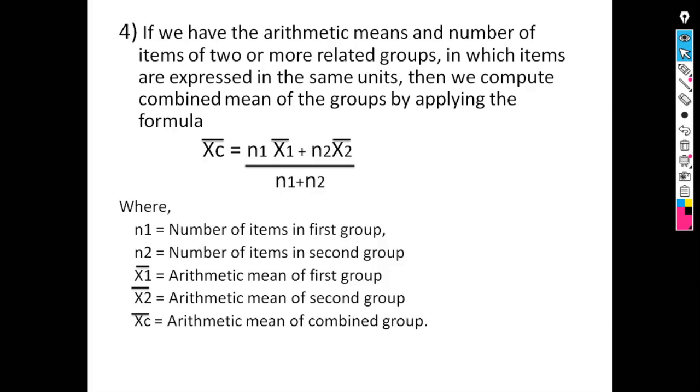If we have the arithmetic means and number of atoms of two or more related groups in which atoms are expressed in the same units, then we compute the combined mean of the groups by applying the formula xc bar is equal to n1 x1 bar plus n2 into x2 bar divided by n1 plus n2, where n1 is the number of atoms or observations in the first group, n2 is the number of observations in the second group, x1 bar is the arithmetic mean of the first group, x2 bar is the arithmetic mean of the second group, and xc bar is the arithmetic mean of the combined group.